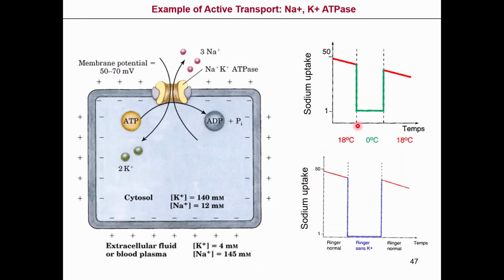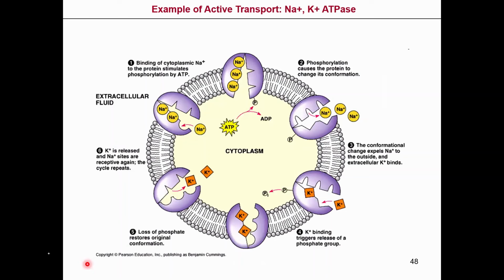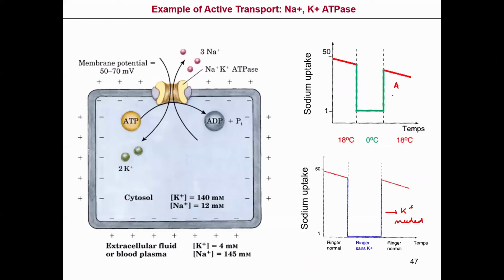And if the temperature is low, the sodium cannot be transported. It means that you need ATP, because the ATP hydrolysis depends on the temperature. And it means that you need potassium. So it's a co-transport, okay? Potassium needed and ATP hydrolysis needed also.